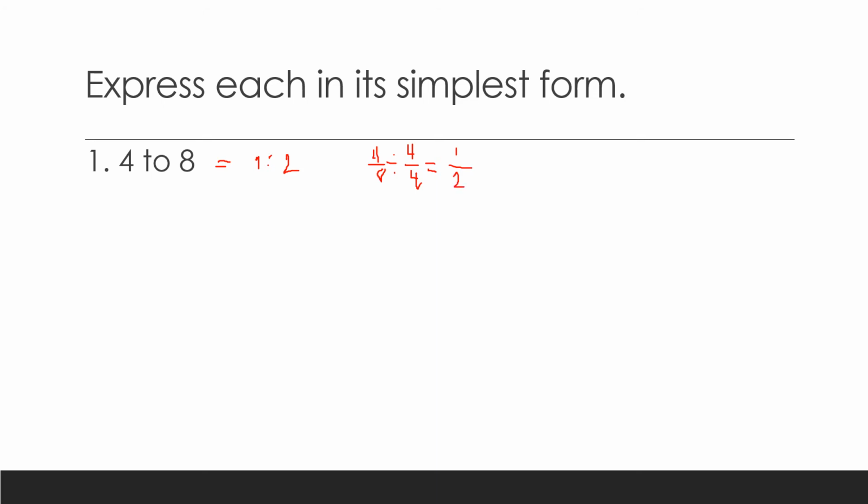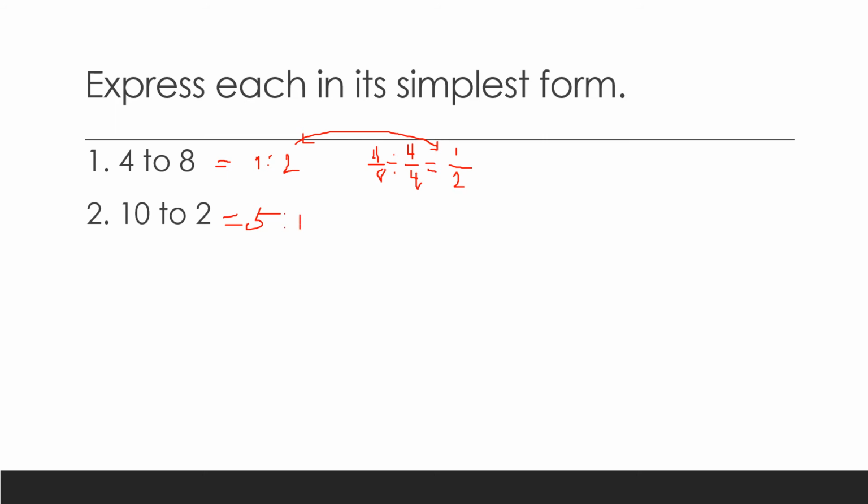Since a ratio can be written as this, or as a fraction, that's possible. Next, 10 is to 2. Of course, 2 is the GCF. So that is 5 is to 1.